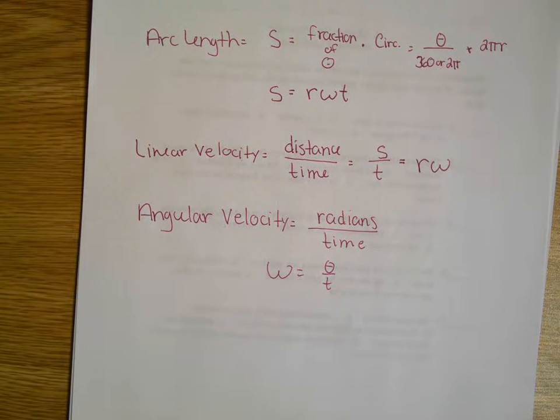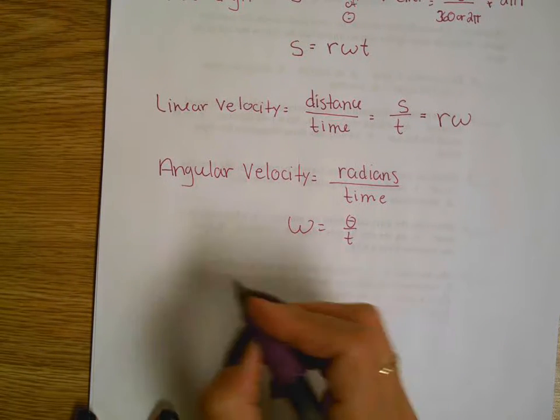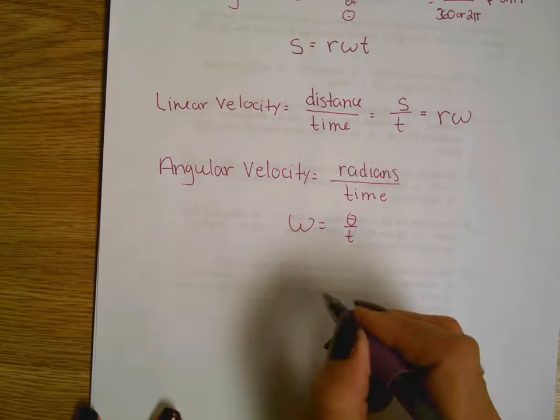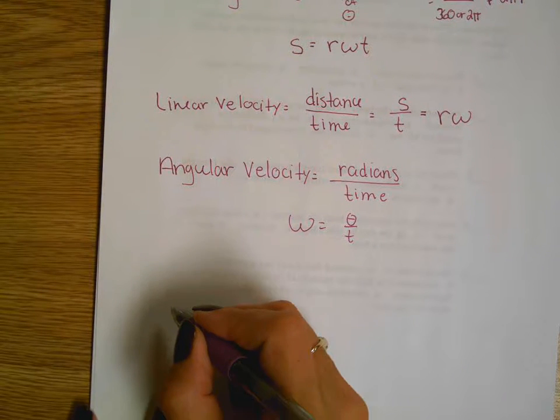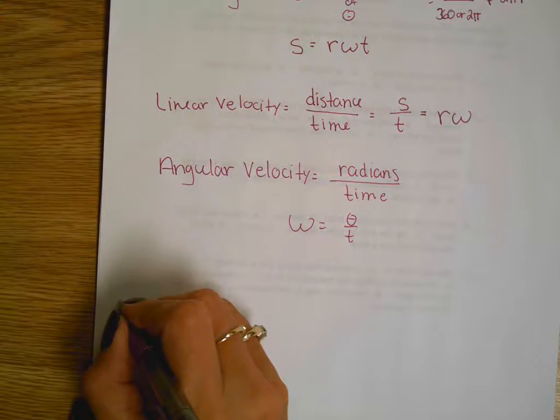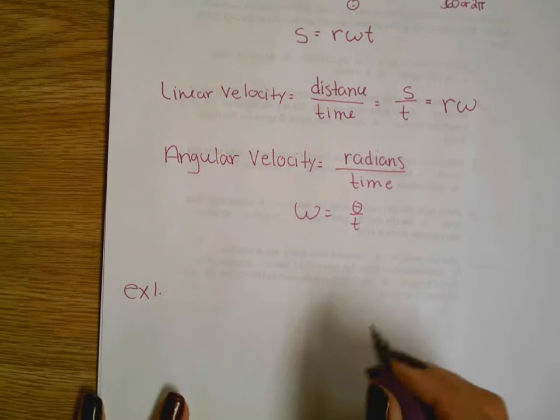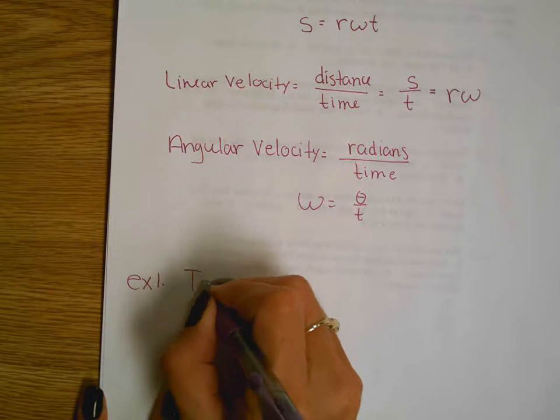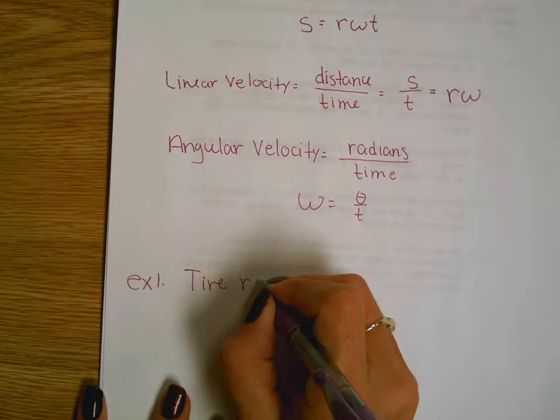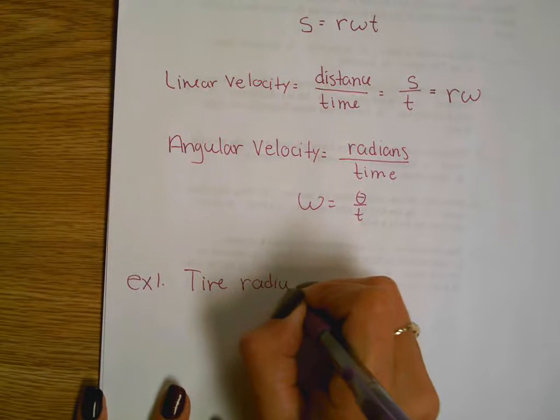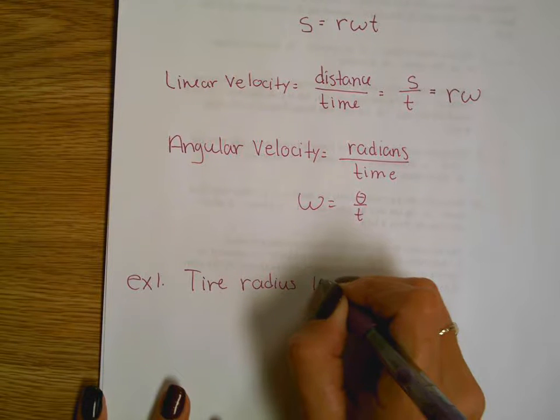Okay, solve story problems all day. Are you ready? And here we go. Number 1. We have a tire with a radius of 15 centimeters.